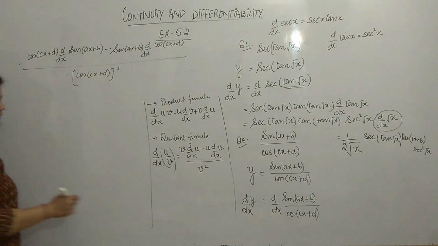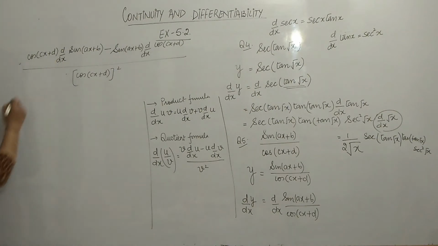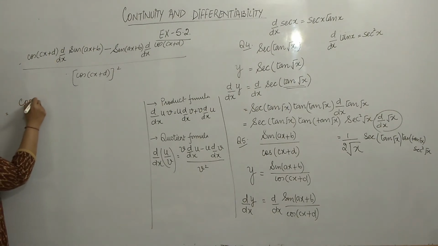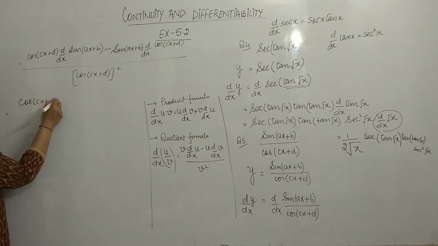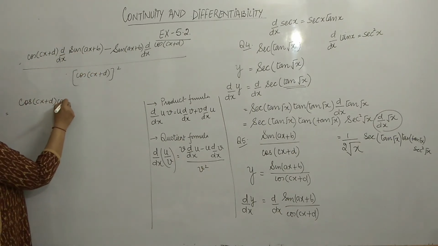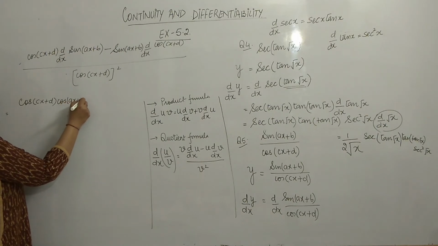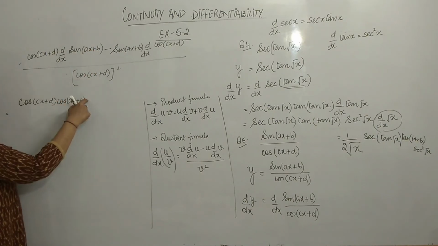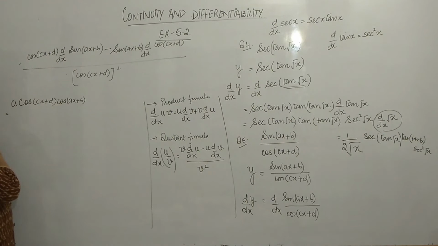because you know that the denominator was v square, right? Cos cx plus d, the derivative of sin ax plus b is cos ax plus b, and the derivative of ax plus b once again will give you a, right?